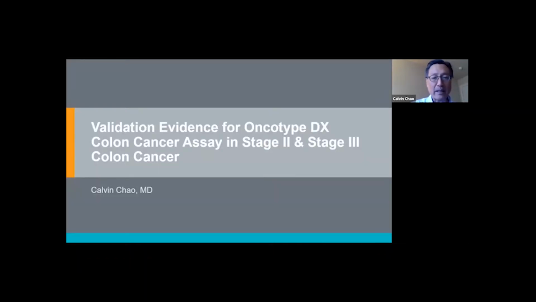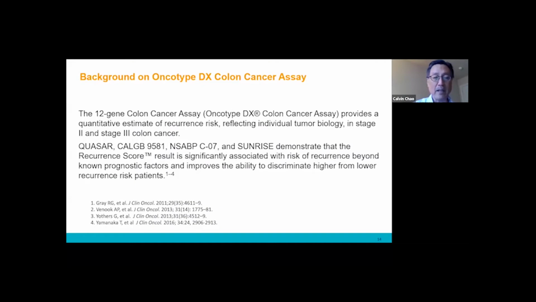So let's take a look at the validation evidence for Oncotype in colon cancer now in stage 2 and stage 3. In summary, I'll tell you that this is the most well-validated multi-gene assay in early stage colon cancer. It has been so since the year 2010 when this assay first became available.